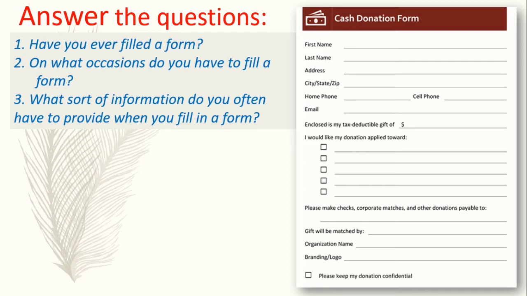I guess all of you have already got your answer. Now I'll tell you mine. I have filled in many different kinds of forms on many different occasions. It was an enrollment form. It was a health check.